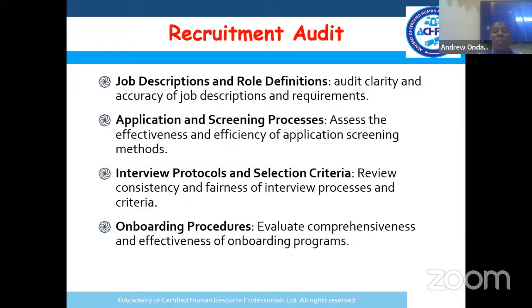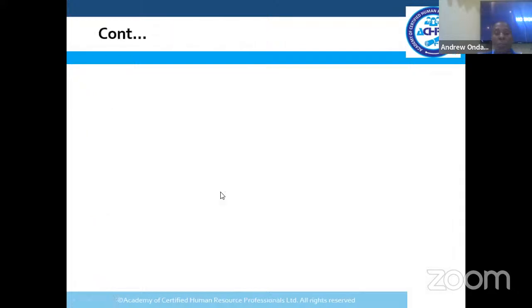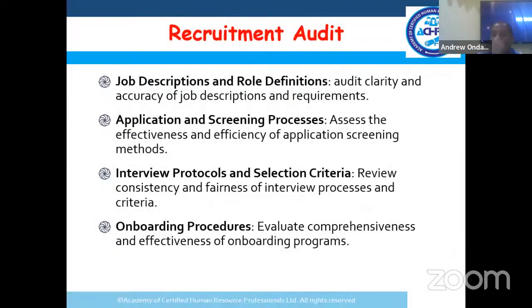So these job descriptions must be very clear, because we don't want to have problems when we advertise these positions, and then so many people apply and we have a crisis of developing a shortlist.